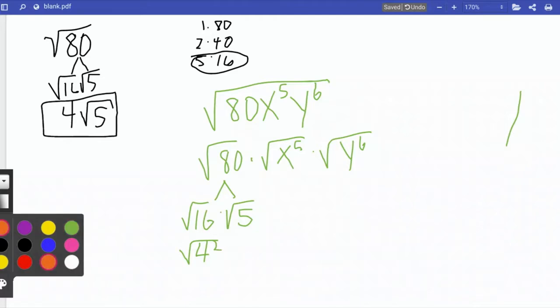Over here, for the x to the 5th, this actually can break into 3 parts: the square root of x squared times the square root of x squared times the square root of x.